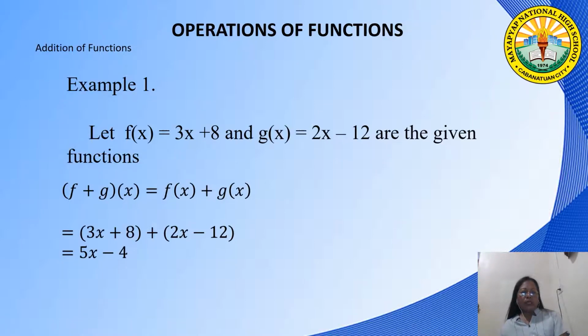By combining like terms, we have 5x minus 4. So therefore, f plus g of x equals 5x minus 4.